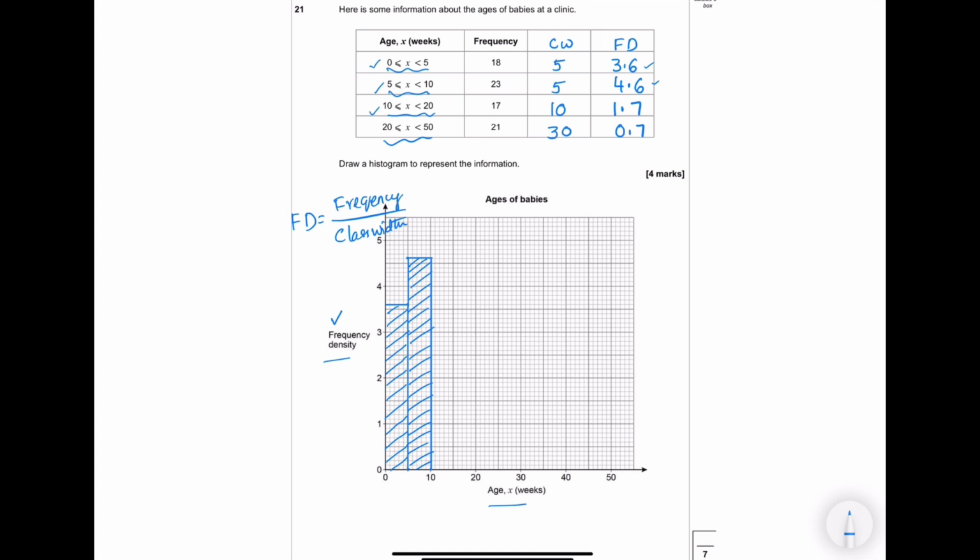The third one is 10 to 20, 1.7. 1.7 on the frequency density side, and 10 to 20 on the interval side.